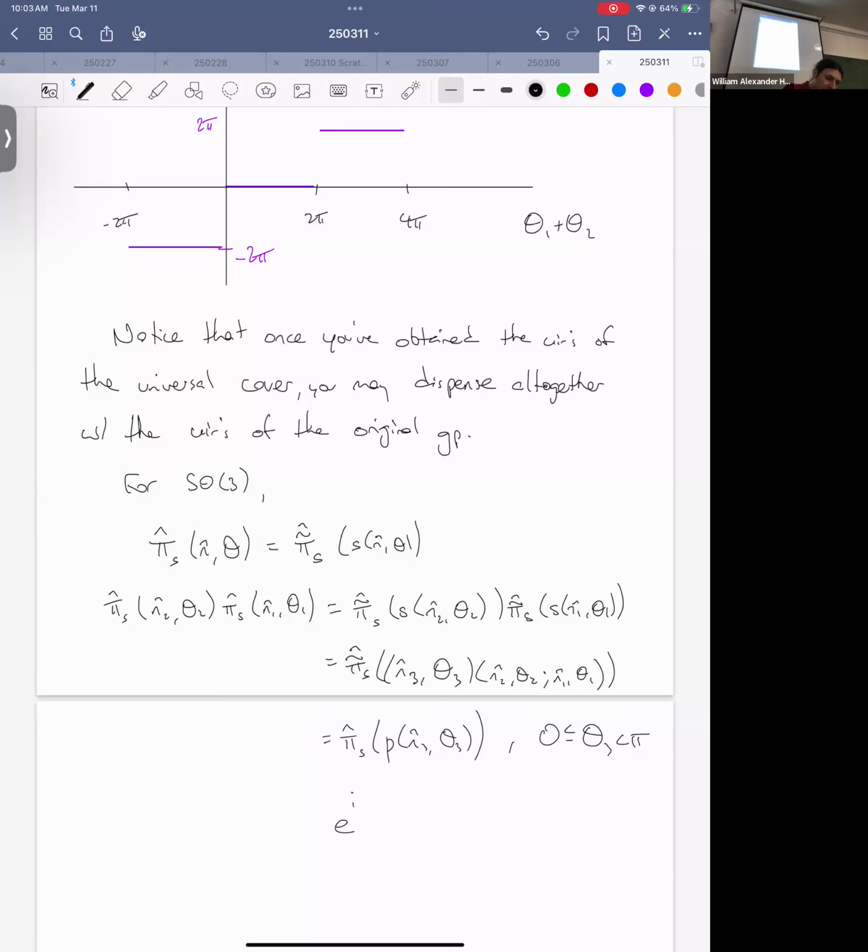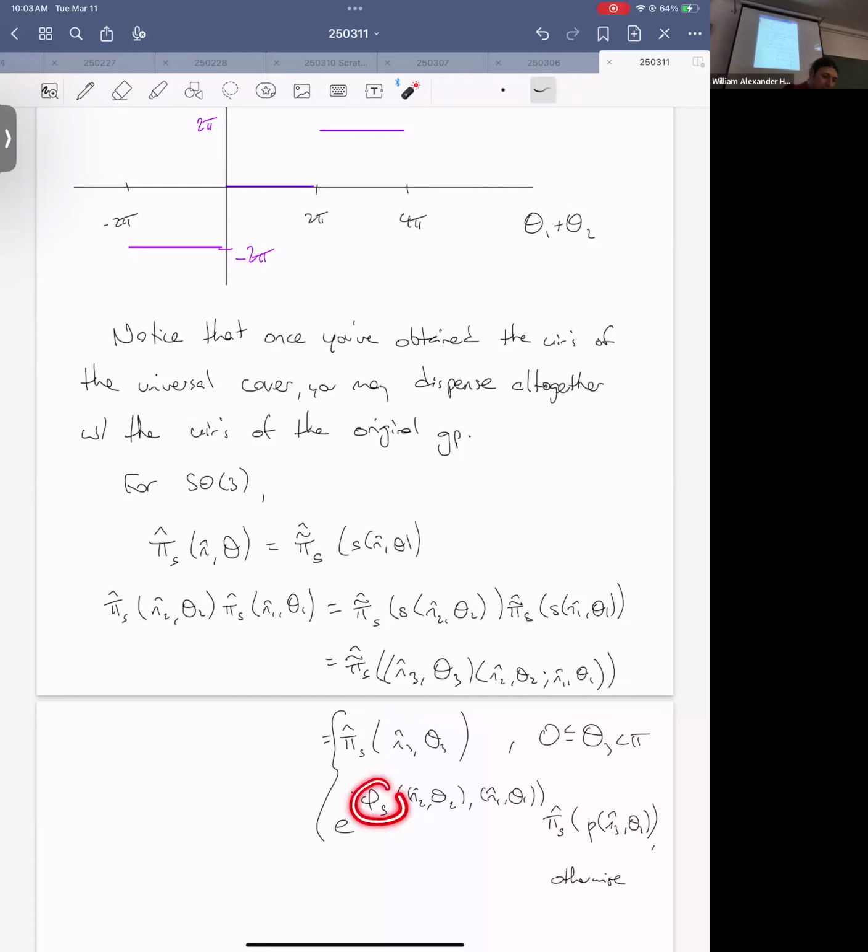Otherwise it's going to be e to the i phi, some phase that depends again on the spin s, which depends on n2 theta 2 and n1 theta 1, and then pi hat s of n3 theta 3. So in fact, this is not even a projection, it's just n3 theta 3 here. Otherwise.